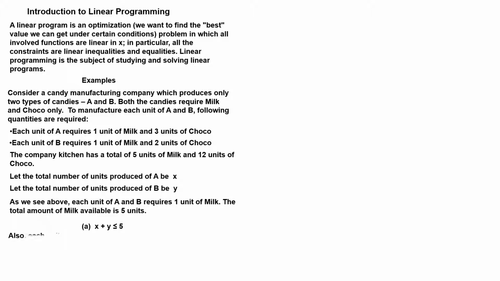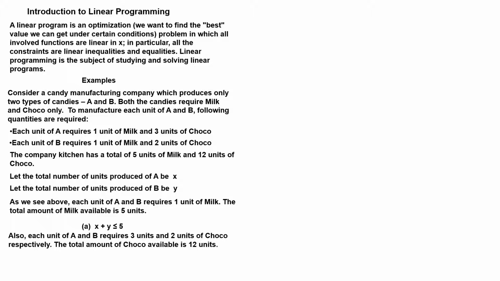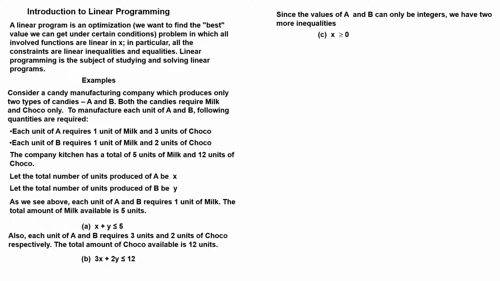Also, each unit of A and B requires 3 units and 2 units of chocolate respectively. The amount of chocolate available is 12 units. We can represent this mathematically as inequality B. Since the values of X and Y can only be integers, we have 2 more inequalities.